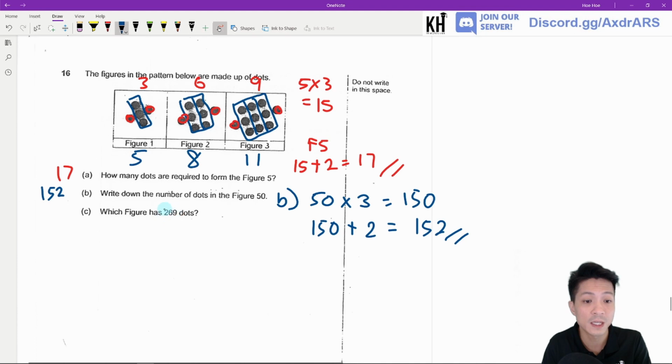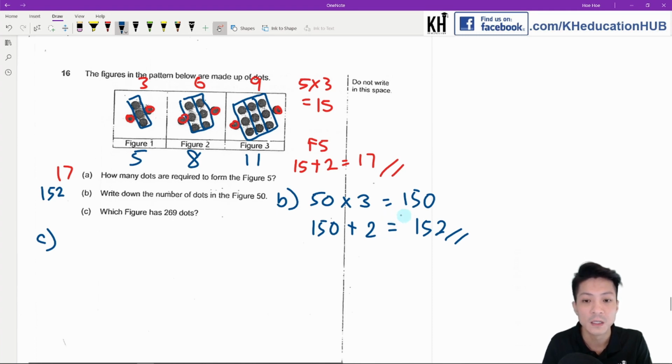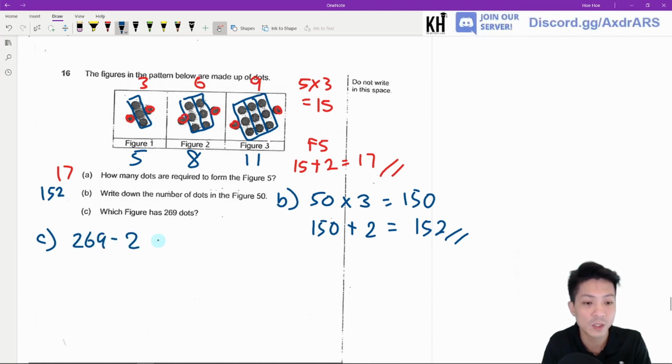Which figure has 269 dots? In order to do part C, we're just going to do the reverse. The first step we multiply by 3 and the next step we add 2. So in reverse, we're going to minus away the 2 dots first. This will give me 267.